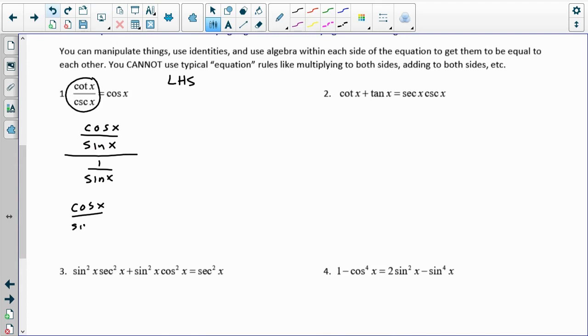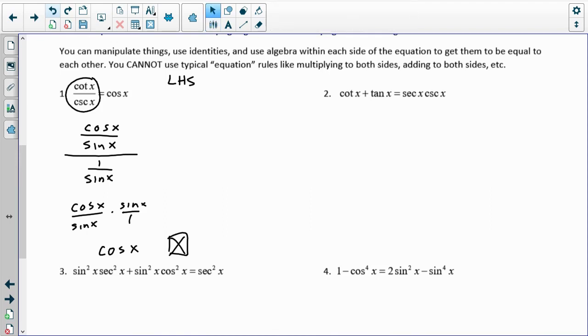So cosine x over sine x times sine x over 1. The sines will end up canceling, and I end up with cosine x. Notice that that's exactly what the right-hand side is. Once I get to the right-hand side, having gone from left to right without multiplying both sides by anything, I've shown that the left side equals the right side, and that means I've won. Whenever I win, I put an X with a box, just because that makes me feel good.